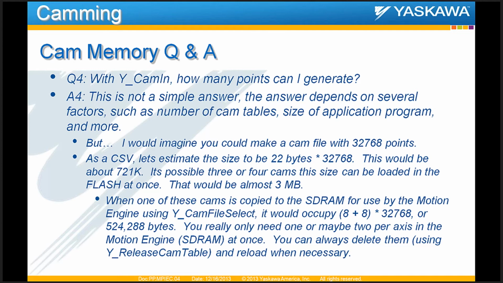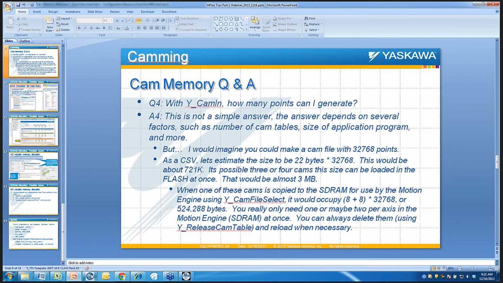In order to do this large cam file of 32,768 points, if you were to do that by creating one in the IEC application itself and sending it with the cam struct select function block, you would need to edit the datatypes definition file, which is in the datatypes toolbox currently.